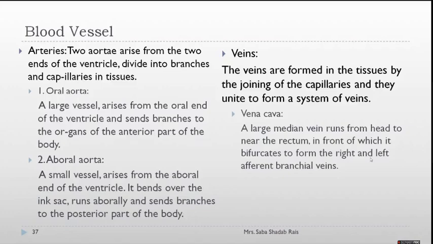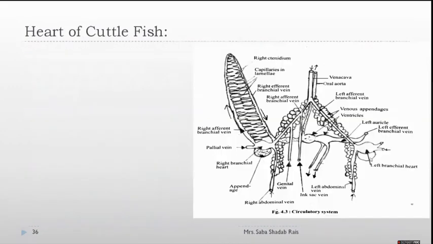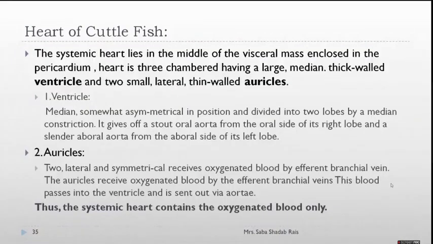Now let us discuss the oral aorta. Large vessels arise from the oral end of the ventricle and send branches to the organs of the anterior part of the body. Just now we all have discussed here, what we have discussed, it is coming from the right lobe and it is going to the oral part. So right oral, then left aboral.